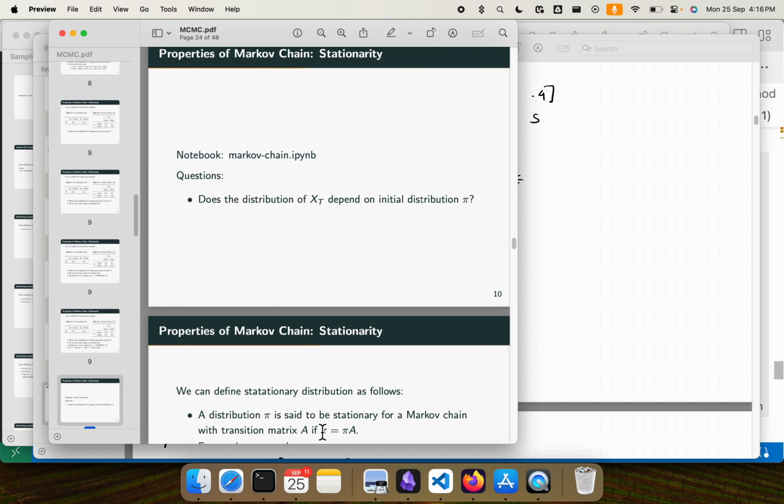So what we're saying is that a distribution pi is said to be stationary for a Markov chain with a transition matrix A if pi equals pi into A. If you have a certain probability of being in a particular state, you multiply that with the matrix A, post multiply, and you end up with the same probability distribution. So how would you solve this?